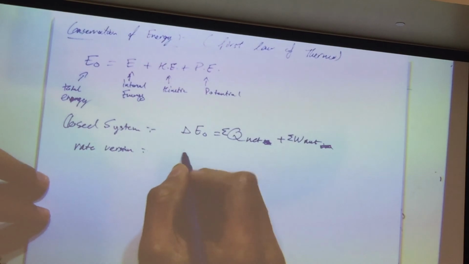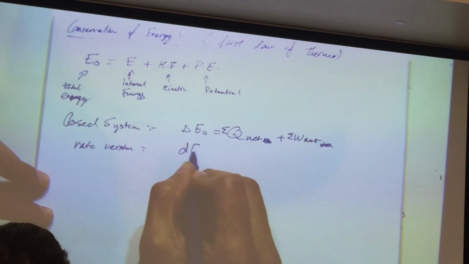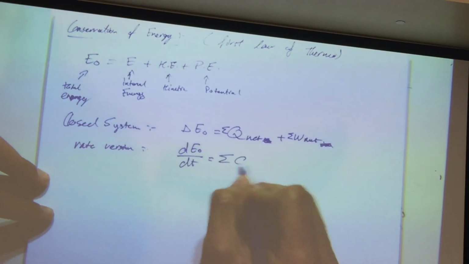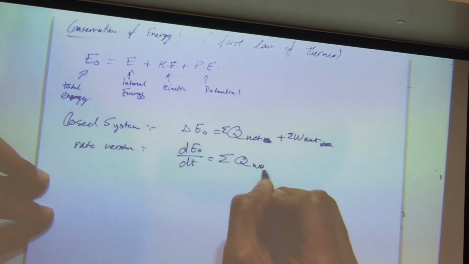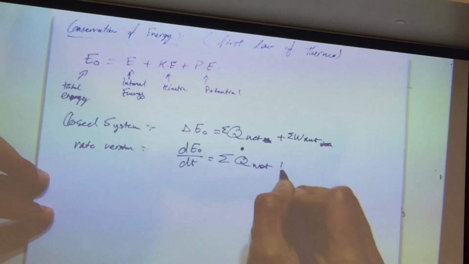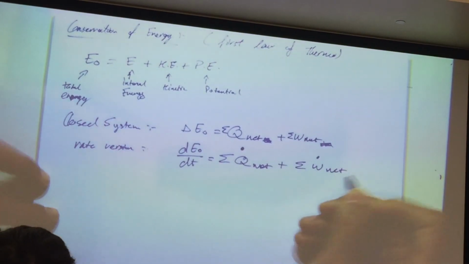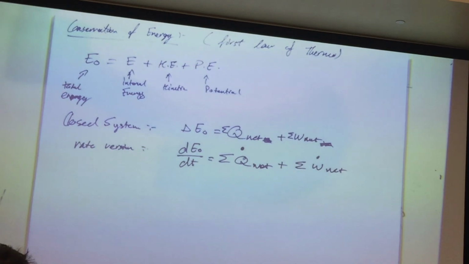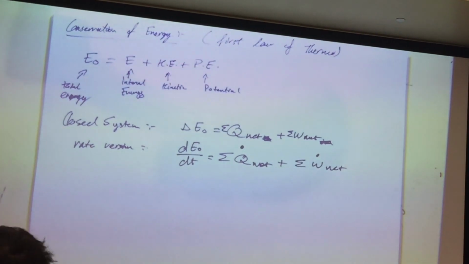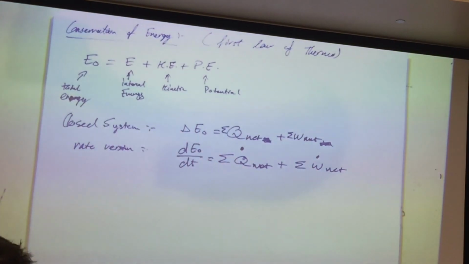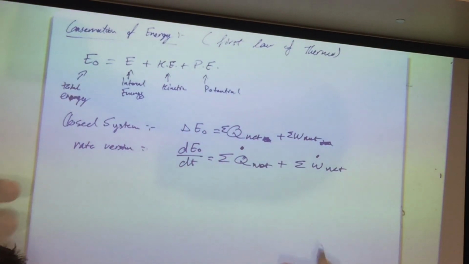In a rate version, well, it's d total energy, the rate of change, is equal to the sum of Q net rate plus W net rate. Nothing new, it's the rate of change of the energy of the system is equal to what goes in and out. There's a heat and work. We'll do a little bit of examples on that.